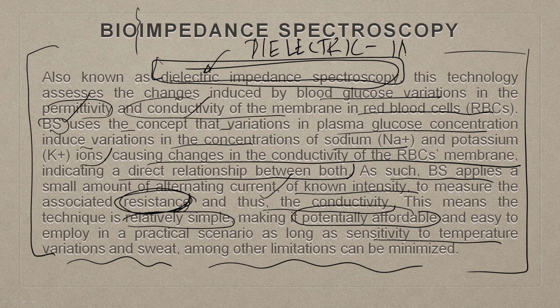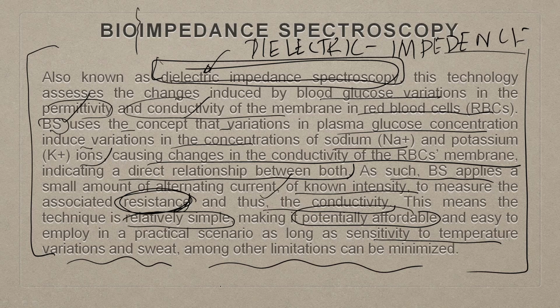Dielectric impedance means the resistance that you are measuring in the medium. Basically, the medium in this case is the blood. The way the dielectric properties of the blood or the RBC change depends on the amount of glucose which is present, because RBCs are the glucose carrier.